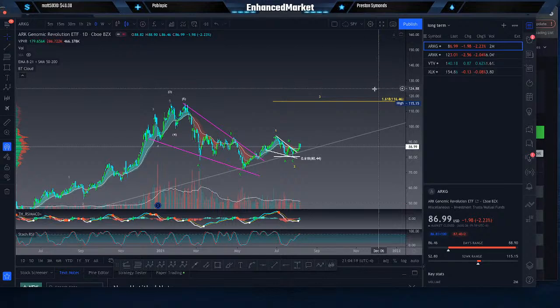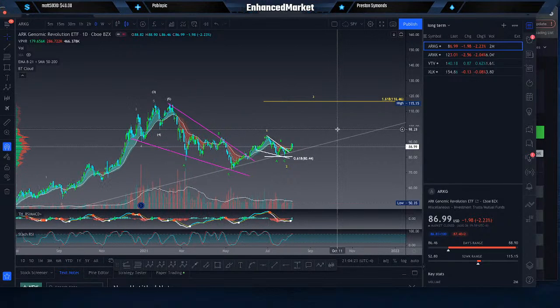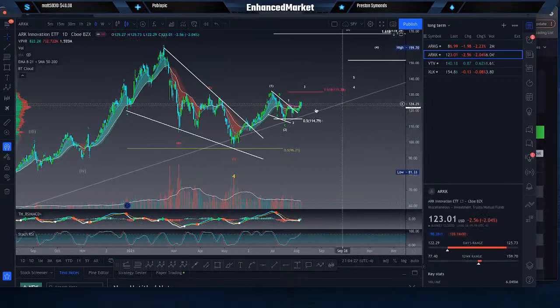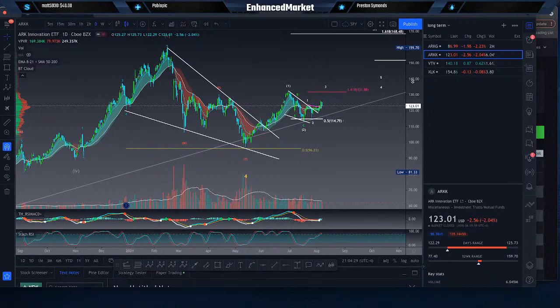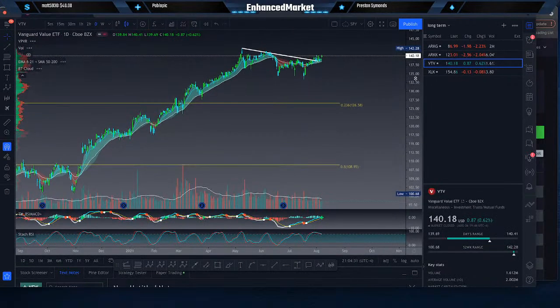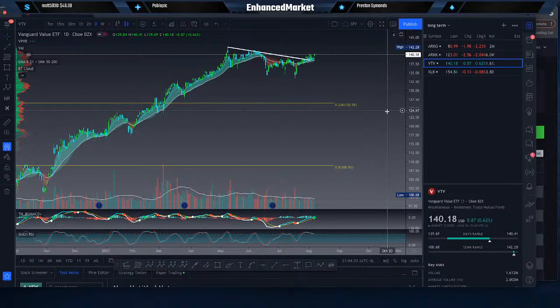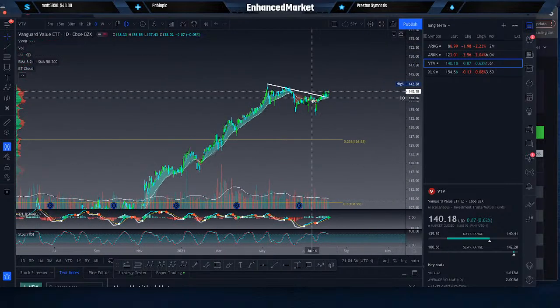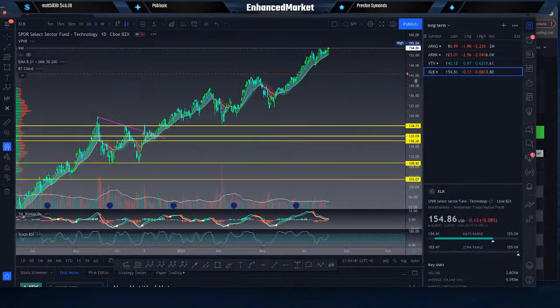Right, genomics, however you want to pronounce it. It's the future. Totally is the future. ARKK, basically the same chart. VTV is just, you know, Vanguard fund. Nice chart, breakout. Looks like it's going to move higher.